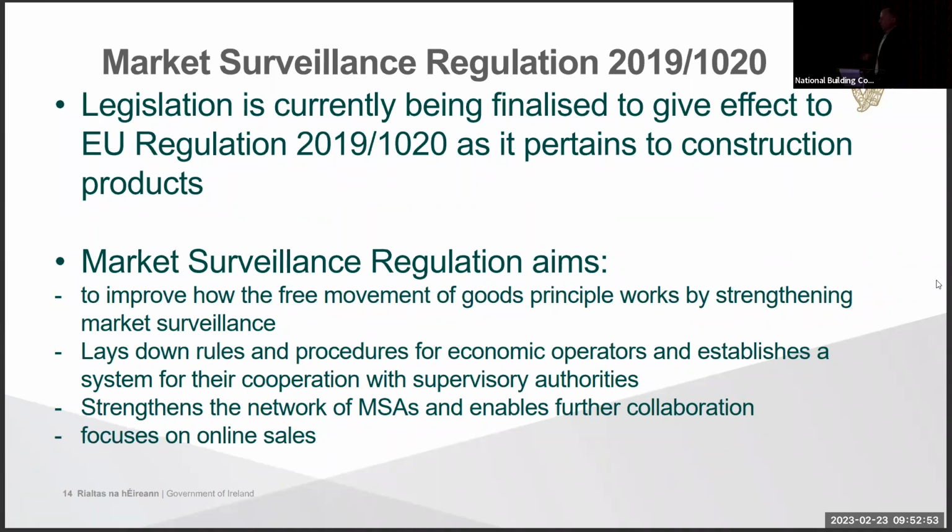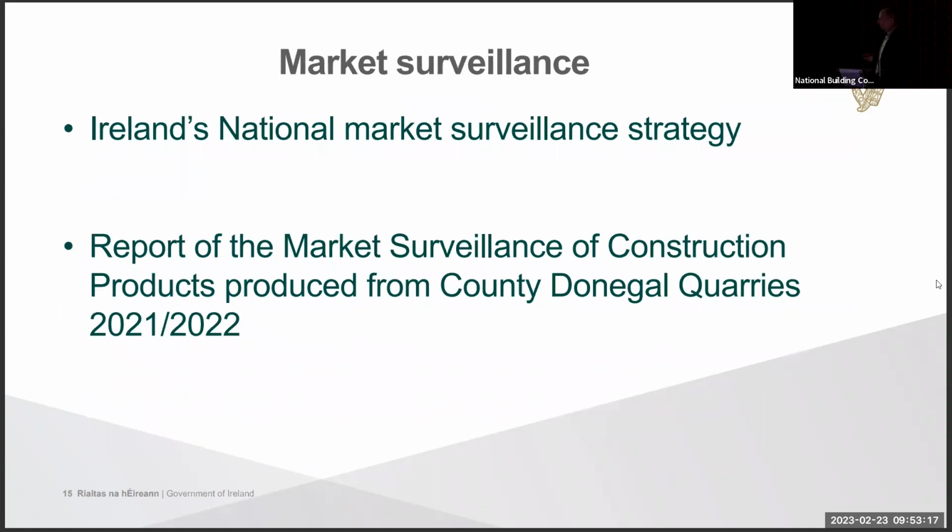It lays down and clarifies rules for procedures for cooperation between supervisory authorities and groups of manufacturers, strengthens the network behind the scenes of the different market surveillance authorities, and also provides additional guidance on online sales, which would have become more the norm since 2013.